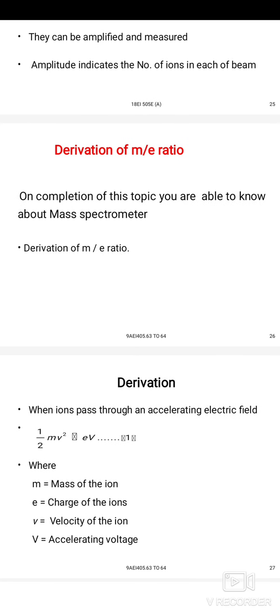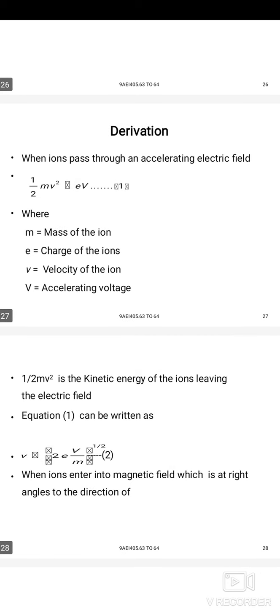Derivation of m/e ratio. When ions pass through an accelerating electric field, ions gain kinetic energy. The kinetic energy is given by half mv square, which is equivalent to the electron volt energy.